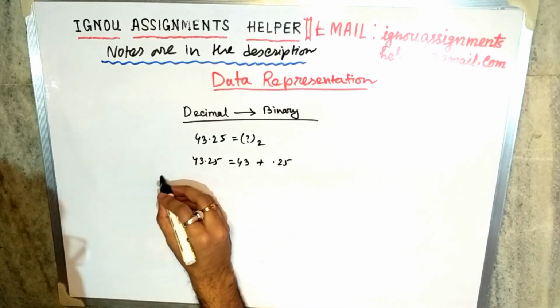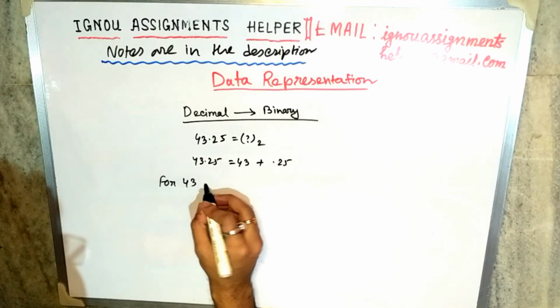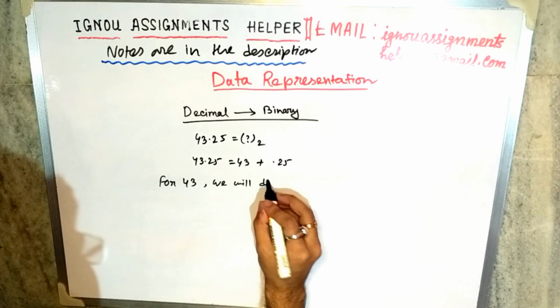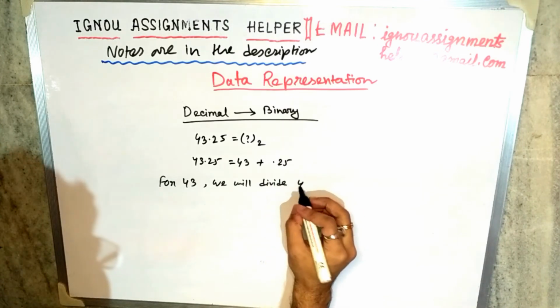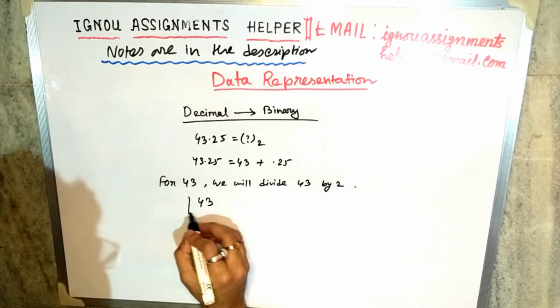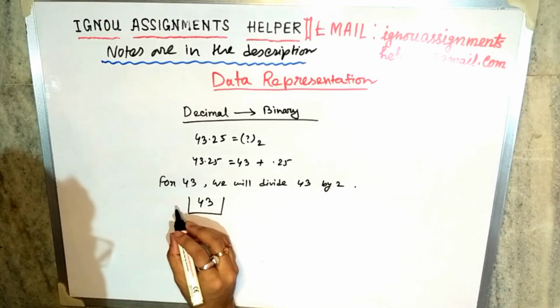So for 43 we will divide 43 by 2, just like this way. The division process will be something different.